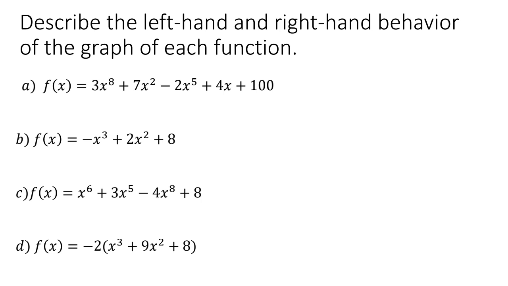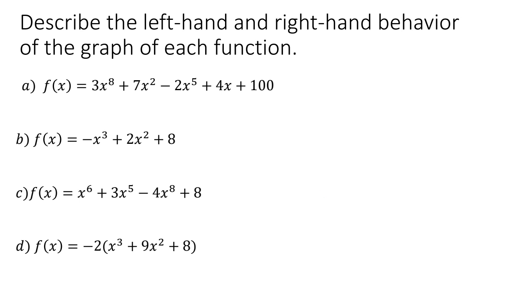So any takers on what the degree is for this one? Is it 8, 2, 5, or 1? What do you guys think? So the degree for this polynomial is going to be 8.